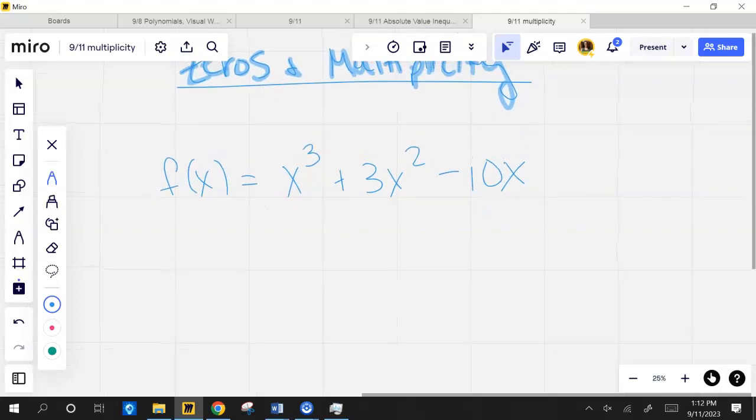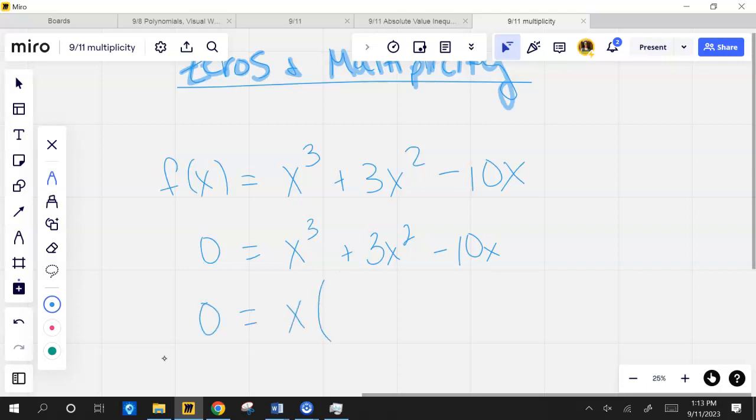We said we'd find the zeros. Yes, we said we'd solve it for x. We'd make it equal 0. Well, then what do you do? How do you do that? Oh my goodness. Yes, Corey. Take out an x. That's exactly right.